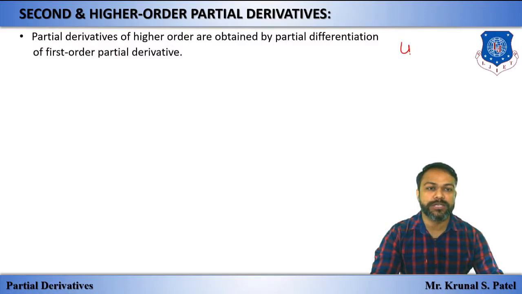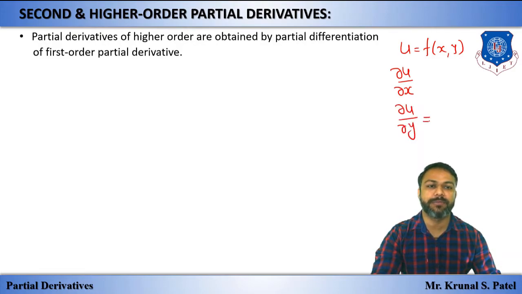If u is a function of x and y, that means u is the dependent variable and x, y are independent variables, then the first order partial derivative of u with respect to x is given by this, and the first order partial derivative of u with respect to y is given by this.